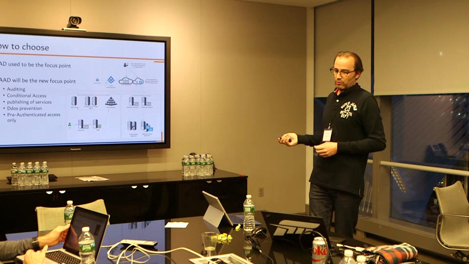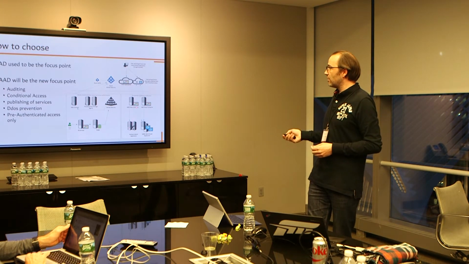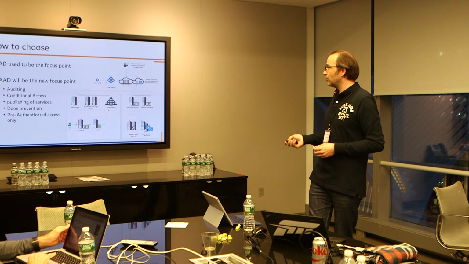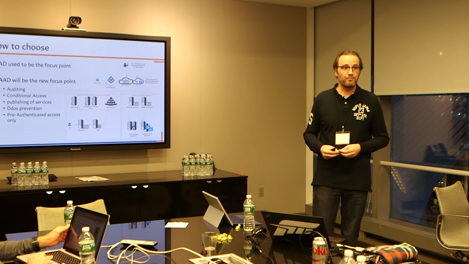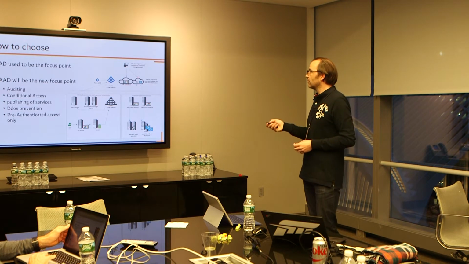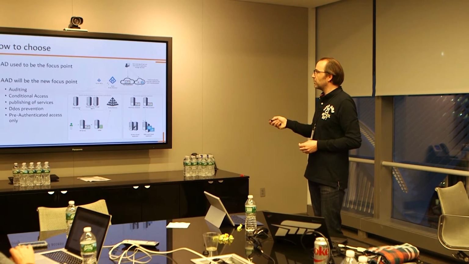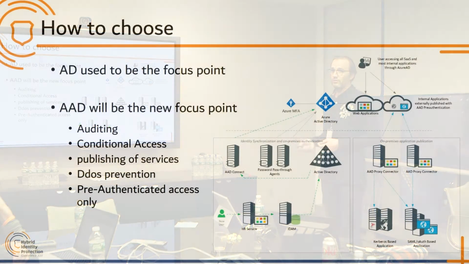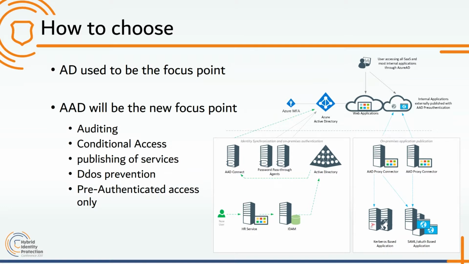The advantage for your on-premises, if you use the App Proxy connector, is that you only allow pre-authenticated access into your network. If you have ADFS, say this is my ADFS server, people would be able to hack your ADFS or connect into your ADFS web proxy unauthenticated. If you use the Azure AD connector, everybody that comes into your network is authenticated.